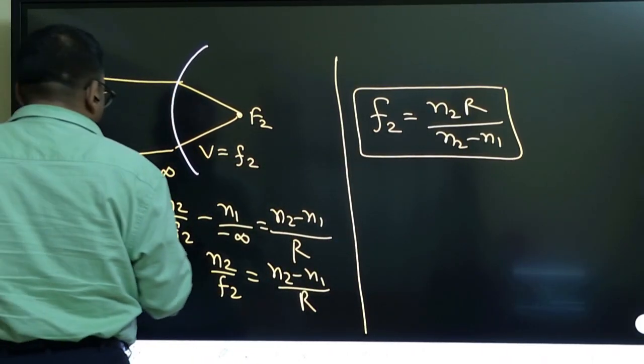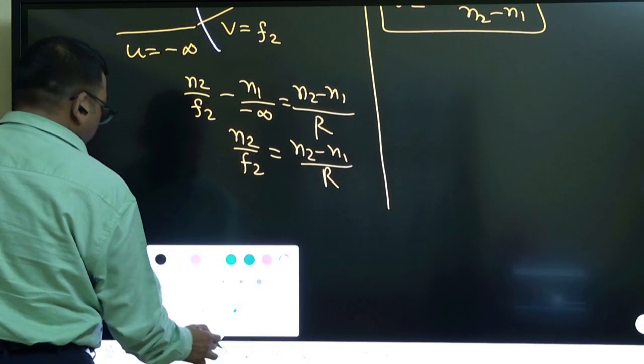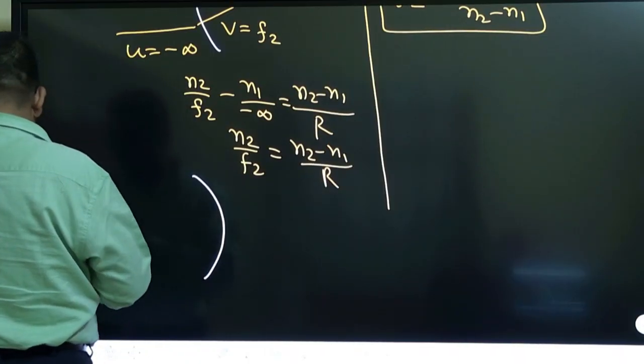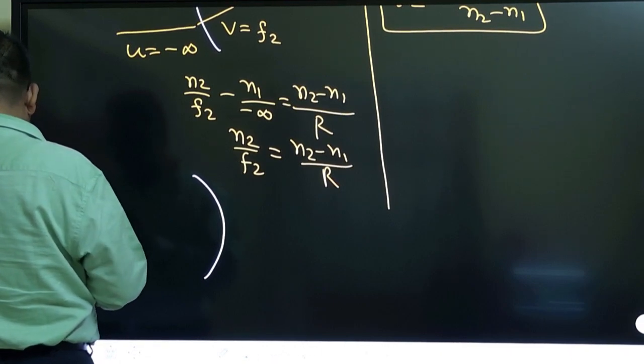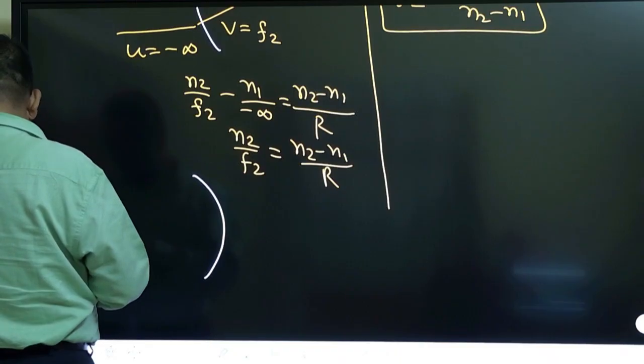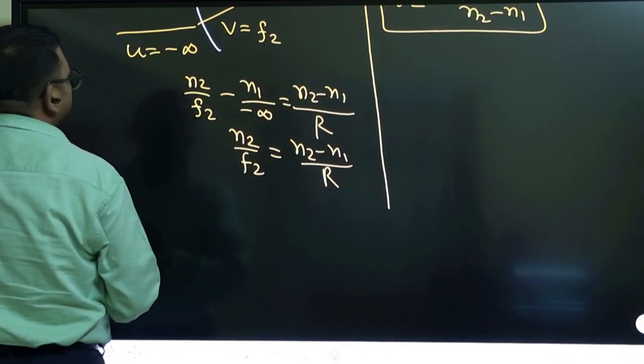But let us calculate for the second surface like this. If I consider this type of surface, I think they have taken a different type. No, the same surface they have taken, and they have defined f1 and f2. Same surface also they are different. Okay, let us try for this surface.